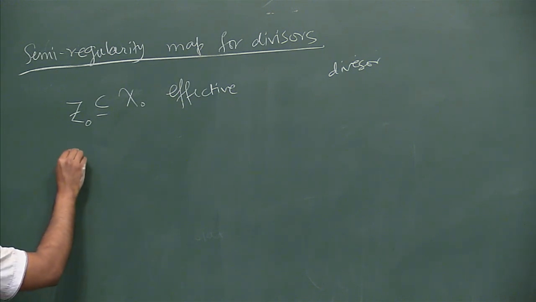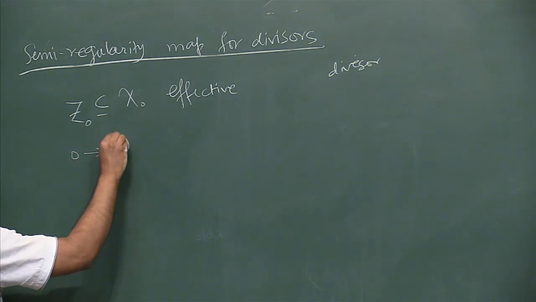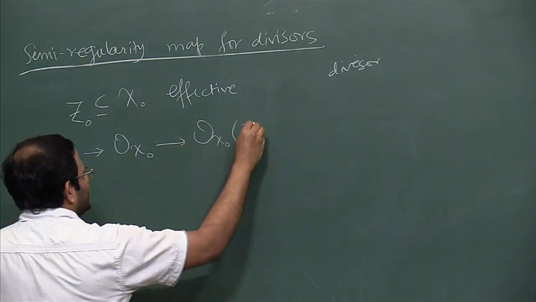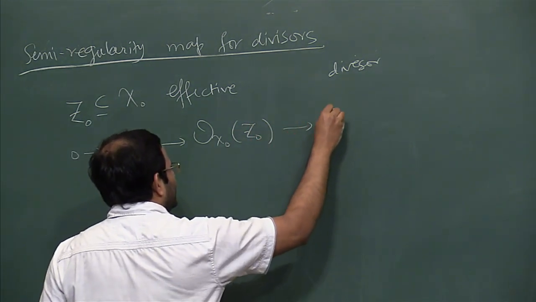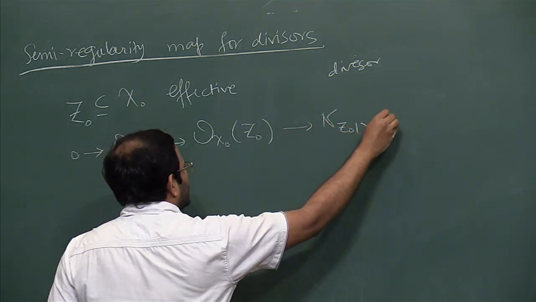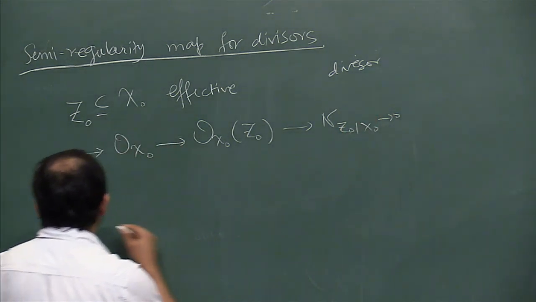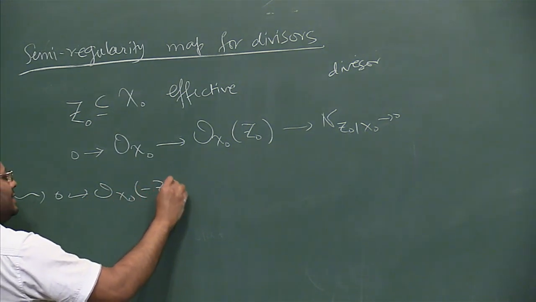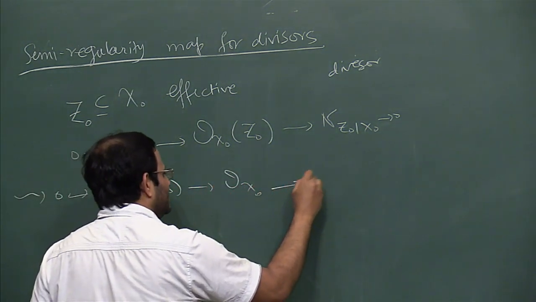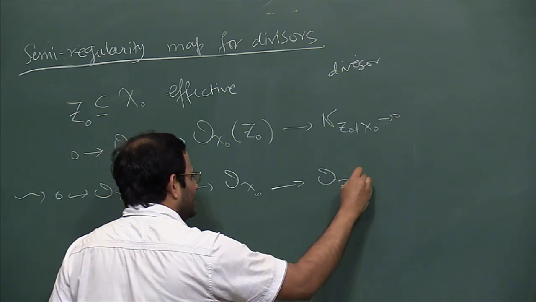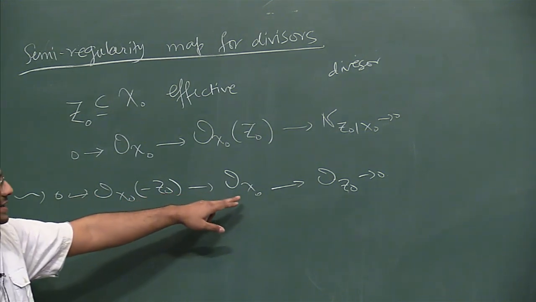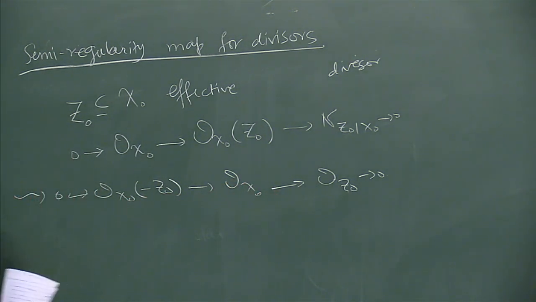Now, here you will get a short exact sequence. This is the natural short exact sequence. Maybe I write down how you get it. This is very easy. This we all know. This is the ideal of Z0 in X0, and this short exact sequence we know, and then you just tensor it with the line bundle.